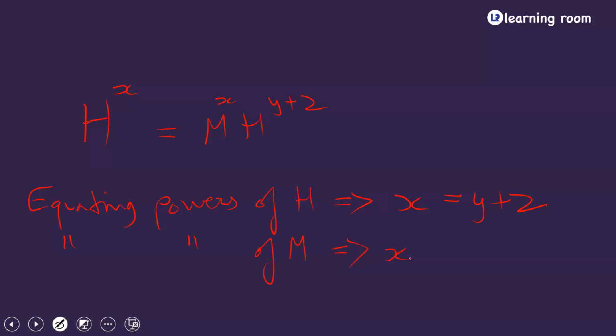X will be equal to the power on the other side, because on the other side we don't have M. The same thing. Okay. You getting it? We're equating the powers of the same quantity, isn't it?